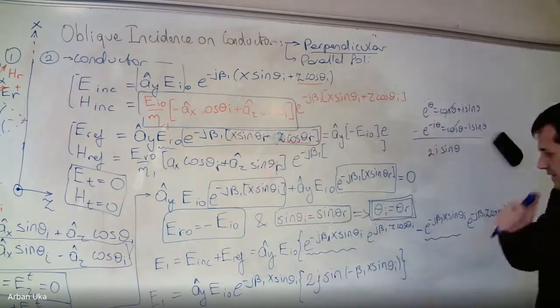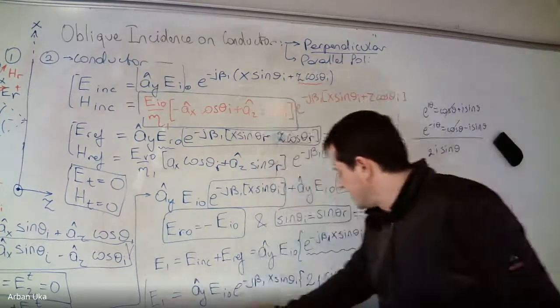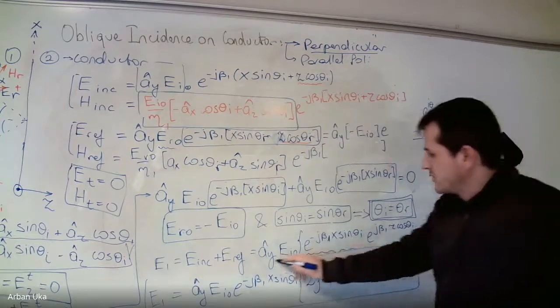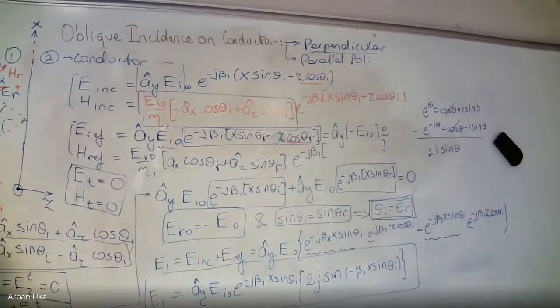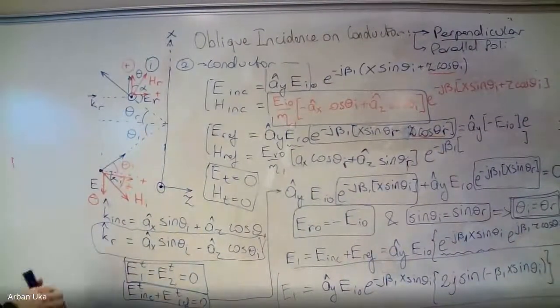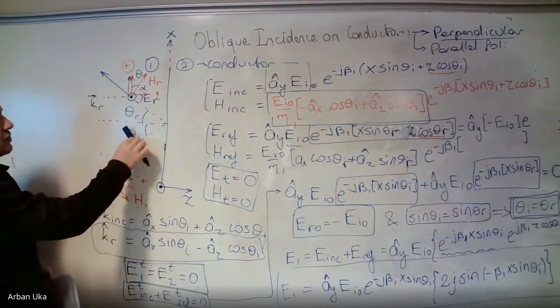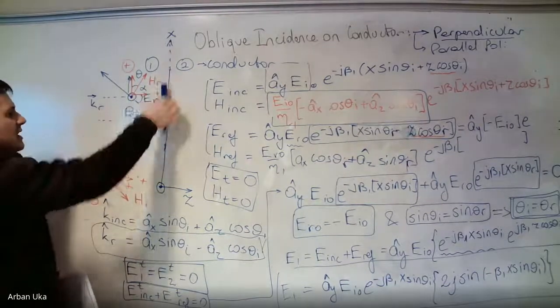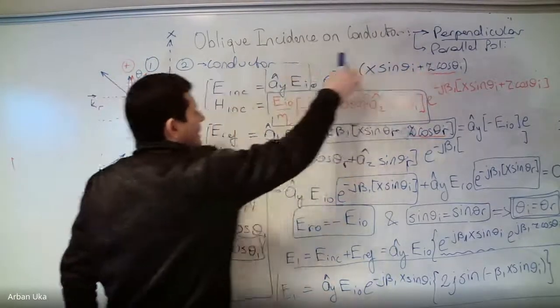So in principle, this is the complete electric field E1, which means the following. As the incident wave is propagating, let's say that we have a wave propagating in this region. The only wave that we have before this interface shows up is the incident one.